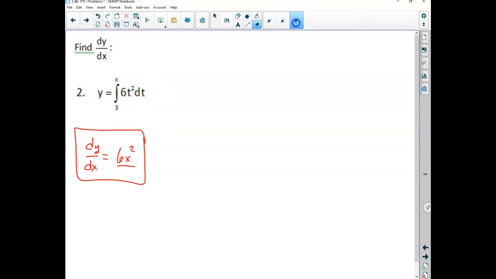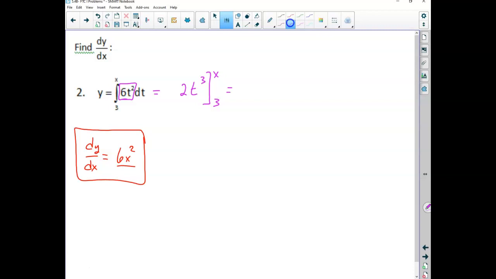And just to see it, we'll do this one the long way once. We're going to do this the long way home. So y is going to equal, well, I know the antiderivative of 6t squared. That's going to be 2t cubed, and 3 times 2 gives me that 6, right? And I need to evaluate that from x to 3, because that's going to give me my constant.